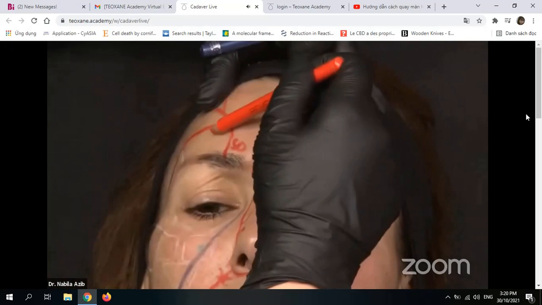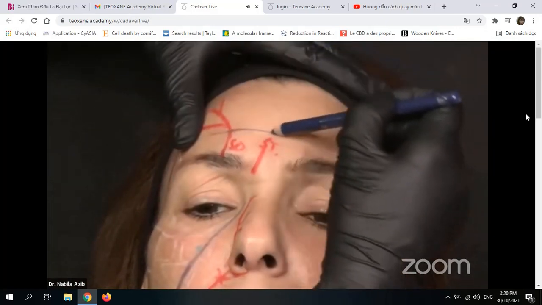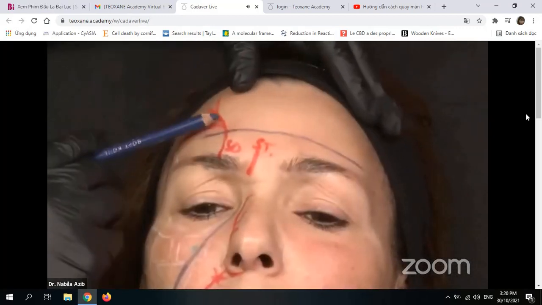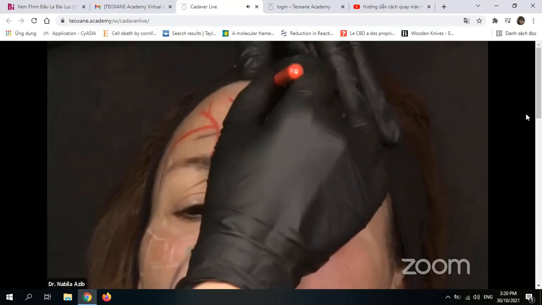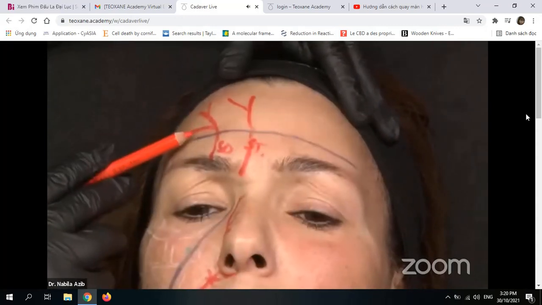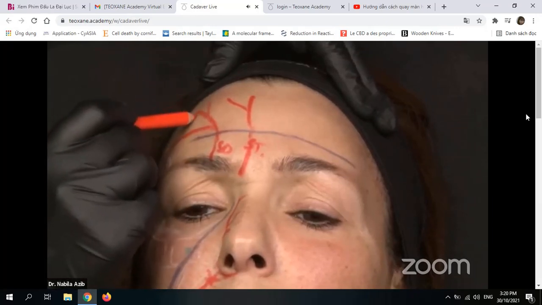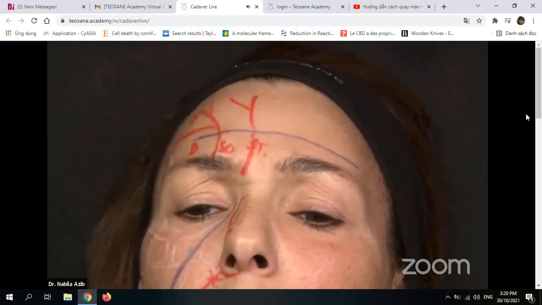So today we will not inject the forehead, but if you have to correct the forehead concavity, you will have to be deep into the bone here, because these vessels up to this security line, up to 2 centimeters, they are already superficial here, and here they are still deep. So here we have to be very deep into the bone.